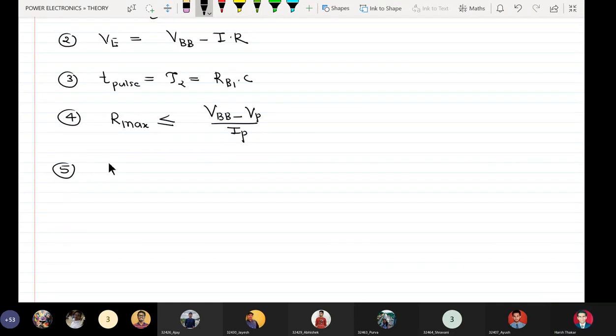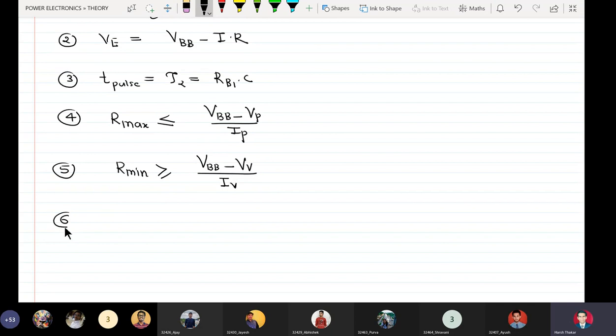Fifth is R min, the minimum allowable value, which should be greater than or equal to bias voltage minus valley point voltage upon valley point current.